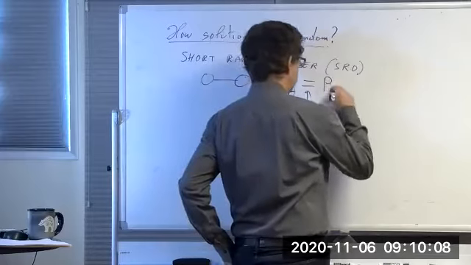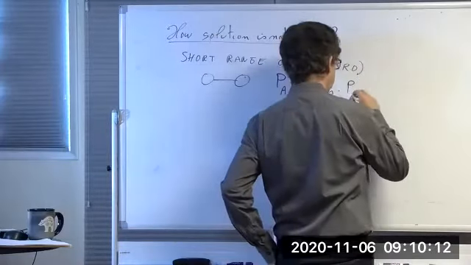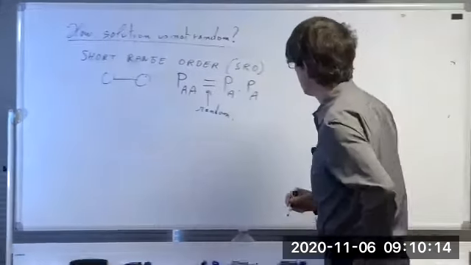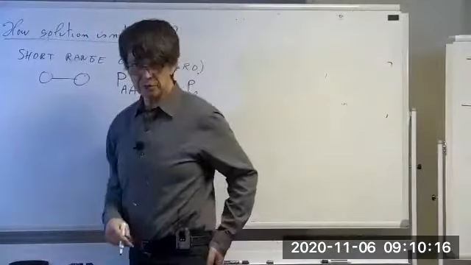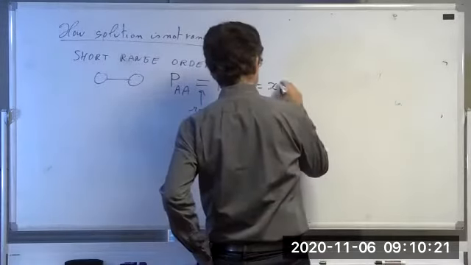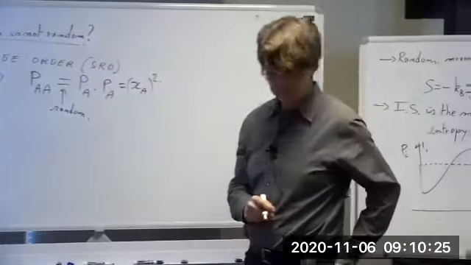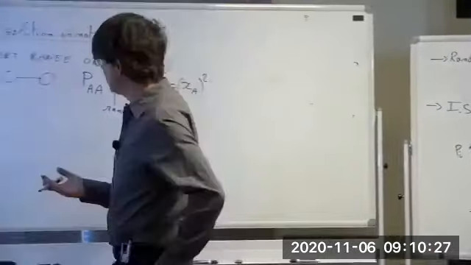So this is the probability that the left one is occupied by A times the probability that the right one is occupied by A. And the probability that each of them is occupied is the concentration, the mole fraction, right? So this is XA squared.